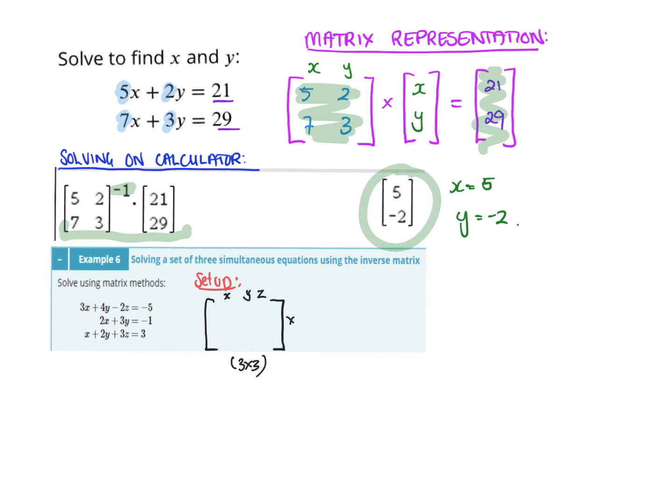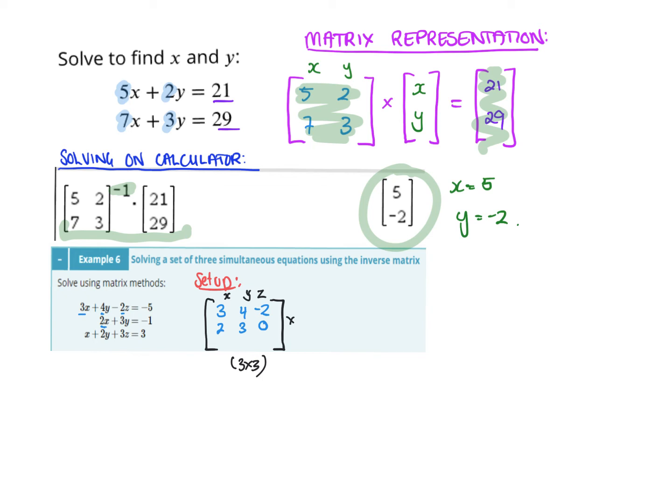I'm putting all the numbers in front of the letters here. So x was 3, y is 4, and z is -2. In the second one, be careful, they've told me an x, so x is 2, y is 3. There's no z, so if there's no z, you put a 0.